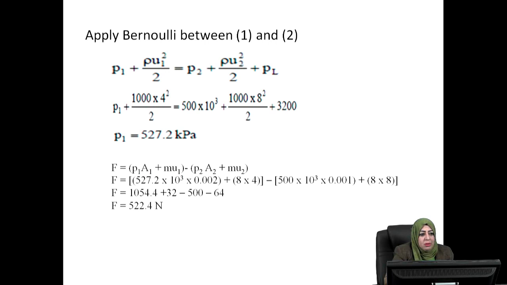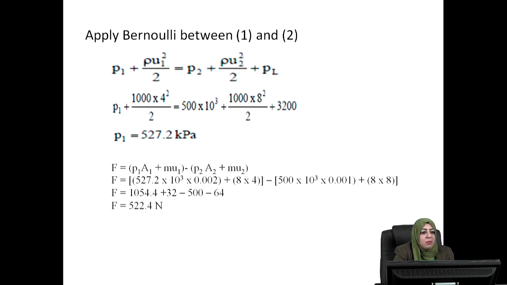F equal 527.2 multiply by 10 to the power 3. هذا الضغط بنقطة واحد، نضربه في المساحة بنقطة واحد اللي هي مقدارها 0.002 زائدا السرعة بنقطة واحد اللي هي مقدارها 4 في الماس فلو ريت اللي هو مقداره 8. هاي كلها حاصل نتيجة المقدار P1A1 plus MU1 at point 1.